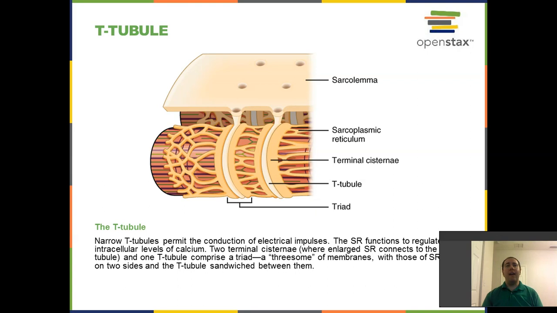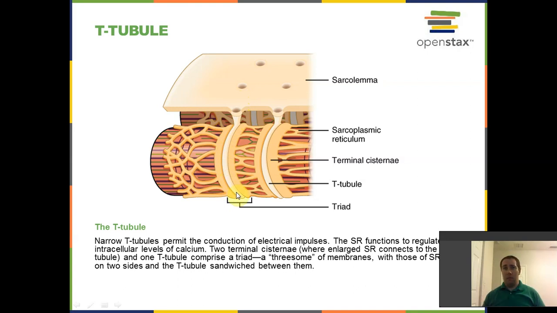What can you tell me happens when you have a positive next to a positive? They repel, yes. Positive and negative attract. 2 positives will repel. So what do you think is going to happen if the calcium is in the terminal cisterna and we bring a whole bunch of positive sodium into the T-tubule?